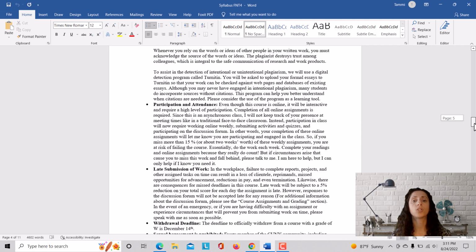We are going to use Turnitin, which is a tool. It's a digital detection program that reviews student work for plagiarism. So you'll be asked to upload formal essays to Turnitin so your work can be checked against web pages and databases of existing essays.